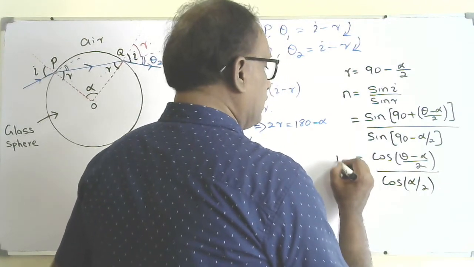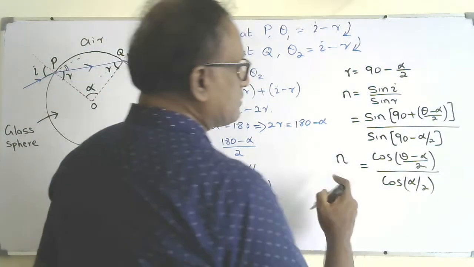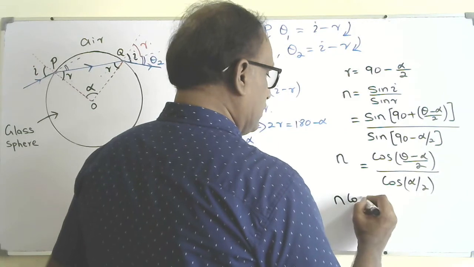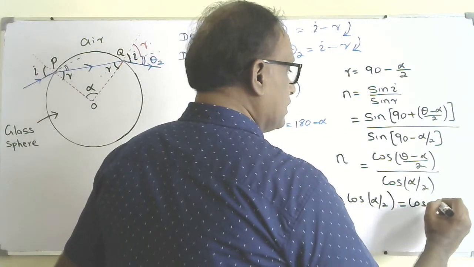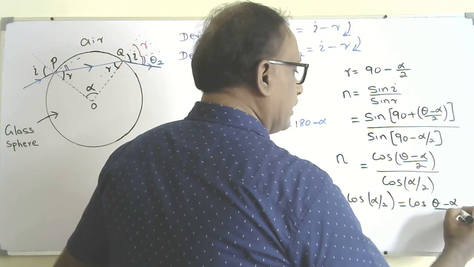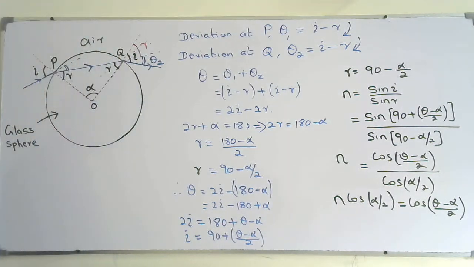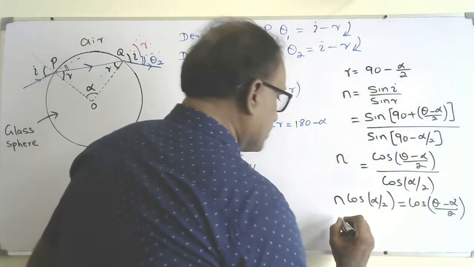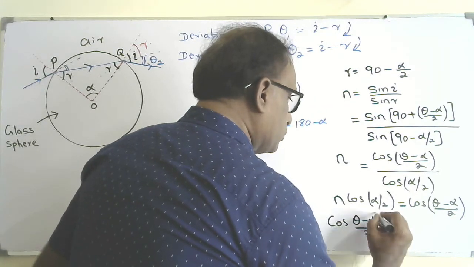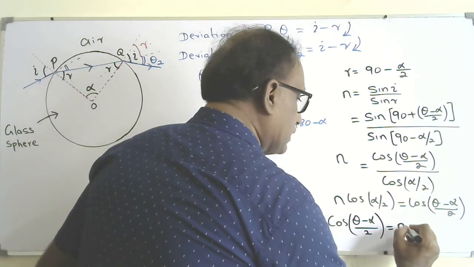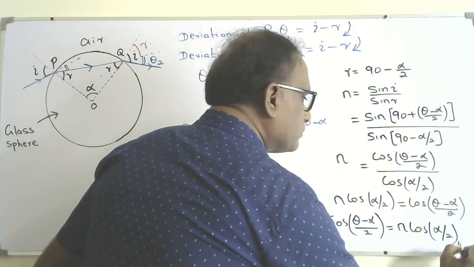That is equal to n. When you cross multiply, n cos alpha by 2 is equal to cos of (theta minus alpha) by 2. So rearrange it according to the given question format. That will give cos of (theta minus alpha) by 2 equal to n cos alpha by 2.